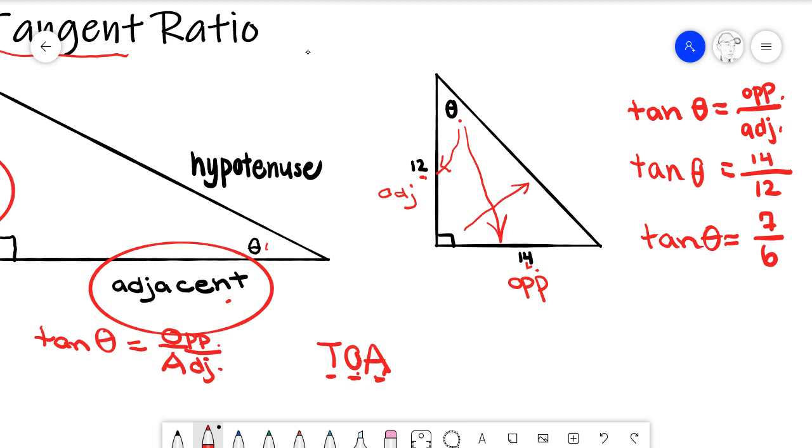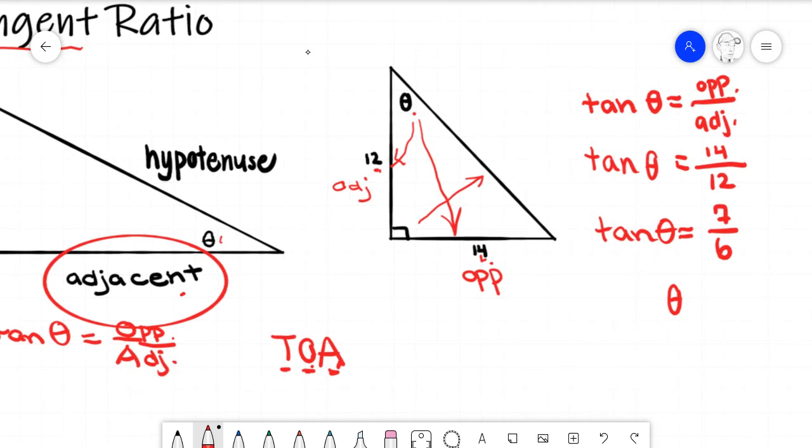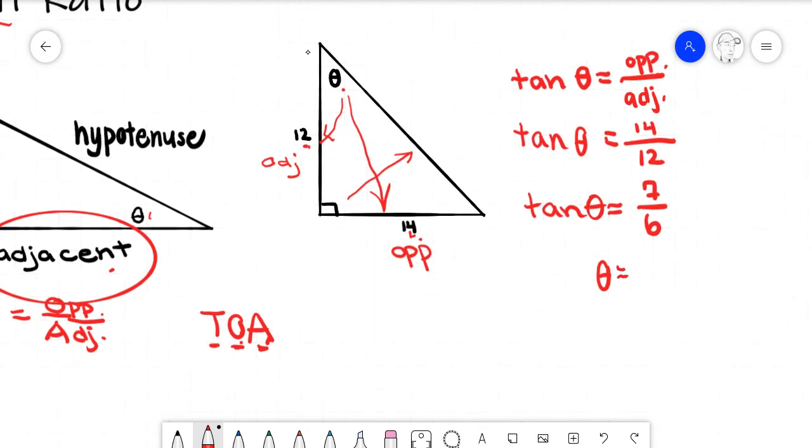And then, just like how division is the opposite of multiplication, or how addition is the opposite of subtraction, the opposite of tan is this: tan⁻¹ up there.